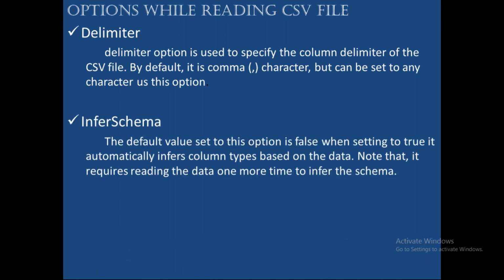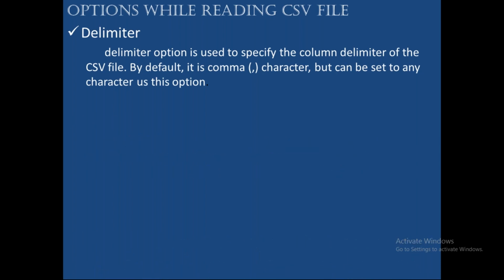Next, let's discuss what delimiter is. The delimiter option is used to specify the column delimiter of the CSV file. By default, it is the comma character, but it can be set to any character using this option.